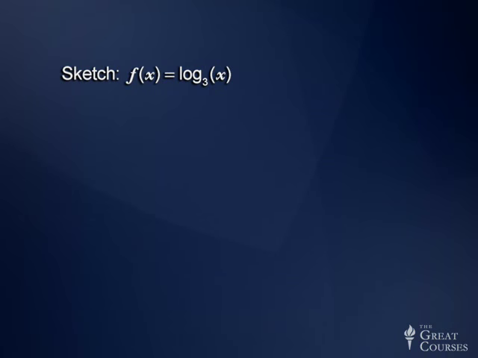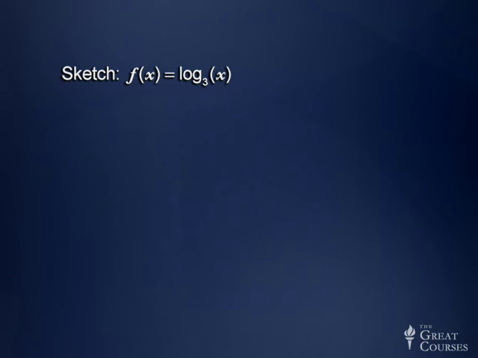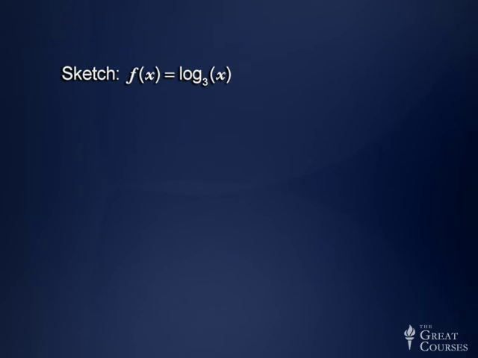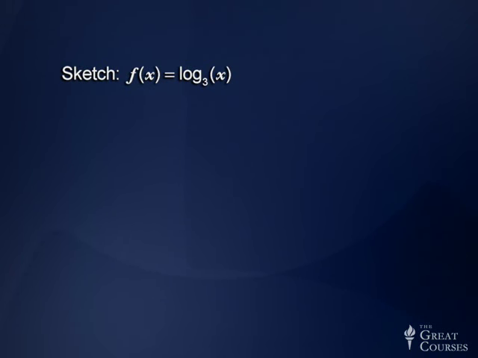Let's sketch the graph of f of x equals log base 3 of x. Well, let's be really honest. There are going to be some nice values of x to plug in, and there are going to be some really not so nice values of x to plug in. And as I've said to you in previous lessons, when we do this kind of activity, we should choose some intelligent values of x to plug in so that the function's y values are easy to find.